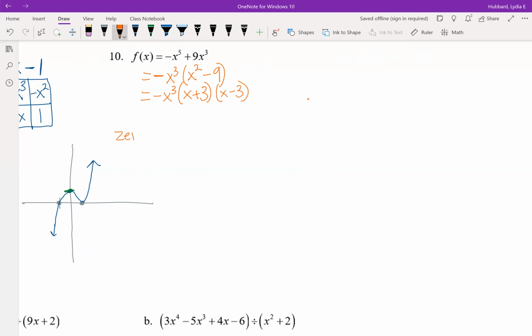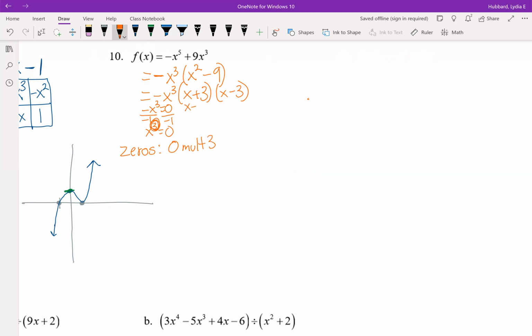Okay, so when finding my zeros, if I set negative x to the third equal to 0, I could divide by -1, and I would still get x to the third equals 0. That means one of my zeros is going to be 0, but that degree tells me that it's happening 3 times. So I would write 0 multiplicity 3.